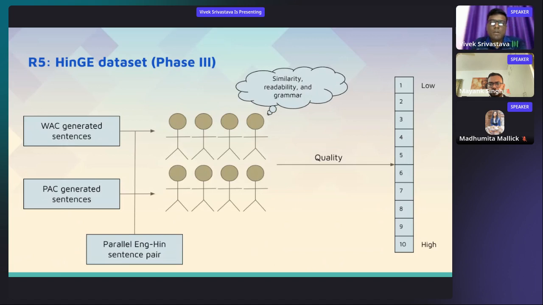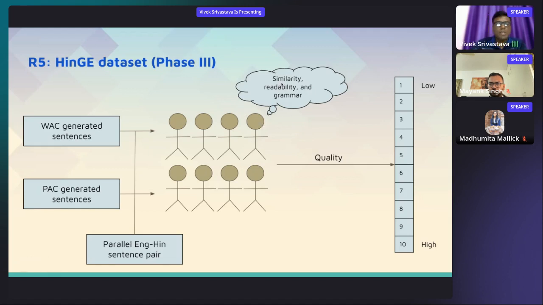The second part of this entire data set setup is the evaluation part. We have the WAC generated sentence, we have the PAC generated sentence, we also have the parallel English-Hindi sentence pair, and we want to get a rating somehow for the sentences that we have generated. So we employed 8 different annotators here. We asked them to keep in mind these 3 things. What is the similarity of the generated sentence with the parallel source sentence pairs?